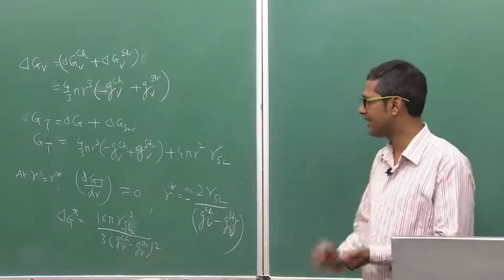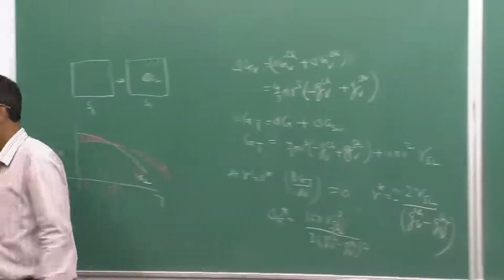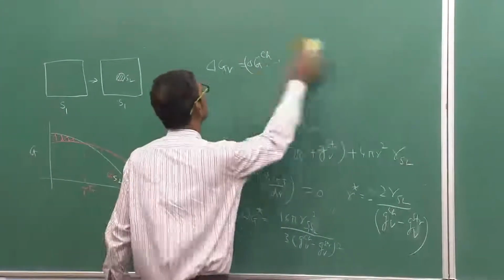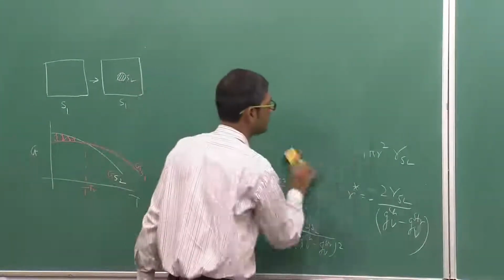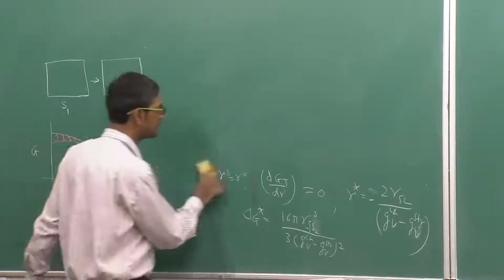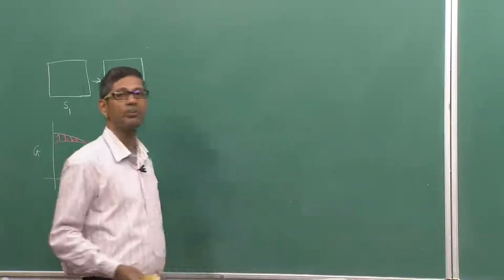Now, in the next 10 minutes or so, I am going to talk about the rate of nucleation. Remember, how fast the nucleation happens will dictate how far the transformation will take place. So, fastness depends on the rate of nucleation.